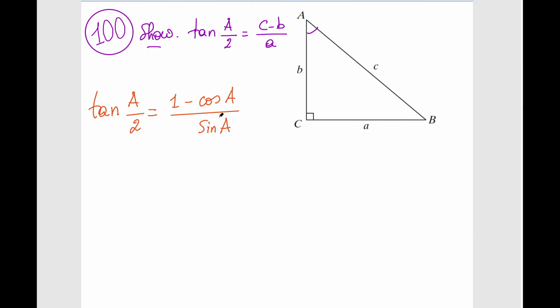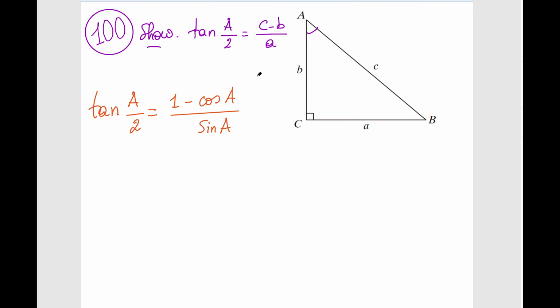Just do it using the two different formulas, yet they are the same, so you're going to get the same answer for sure. Okay. So I related the trig function tangent acting at half the angle A to other trig functions, cosine and sine in this case, acting at the full angle A.